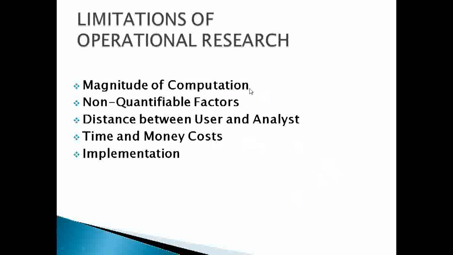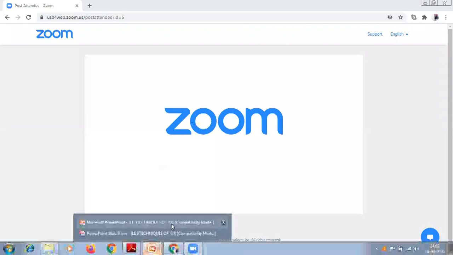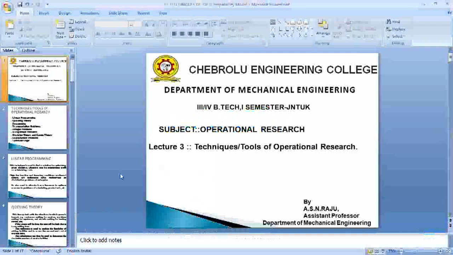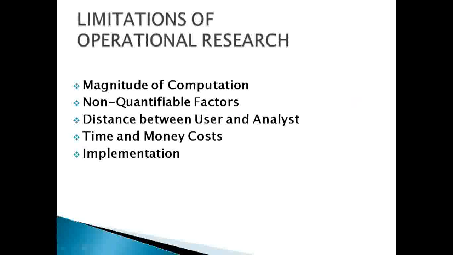So the magnitude of how far we'll be utilizing it, and whether it can be justified with respect to quantifiable or non-quantifiable factors, and it should fill the gap between the user and the analyst.